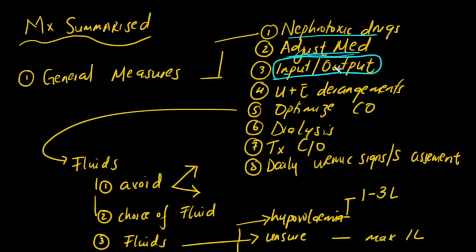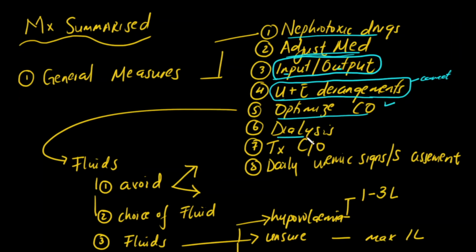Very, very, very important. Okay, then number 4, we have highlighted all the complications of acute kidney injury. One of the major ones is electrolyte derangements. Okay, you need to correct this. Very, very important, or the patient won't get better. Okay, you need to optimize cardiac output, which we'll talk about in a few.